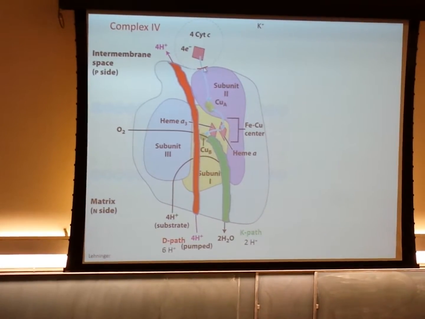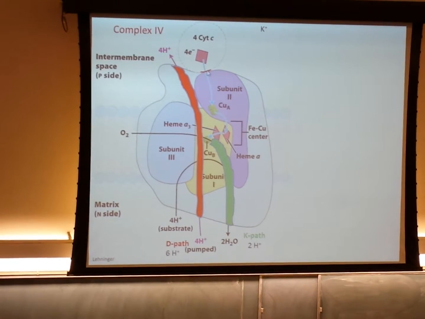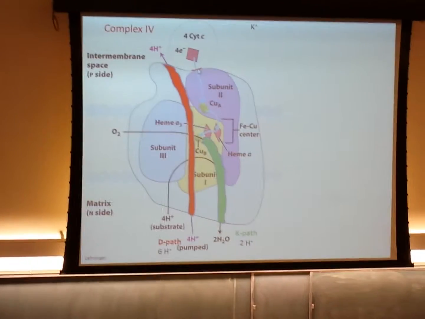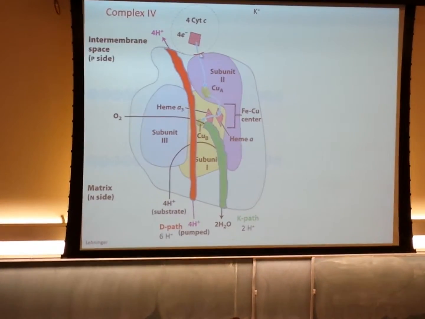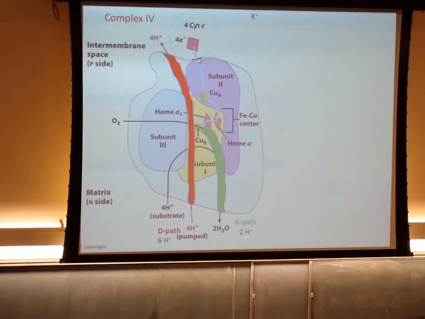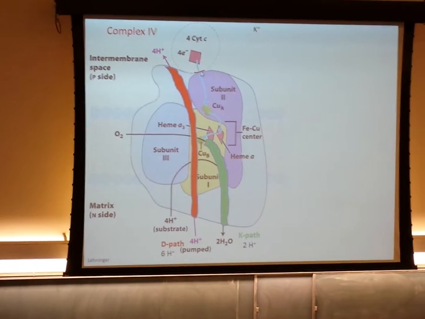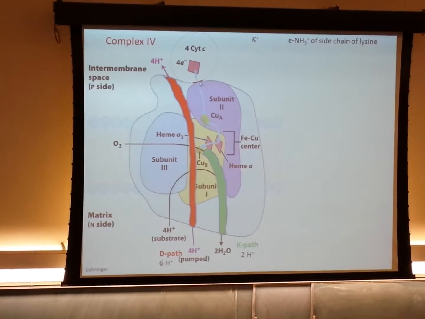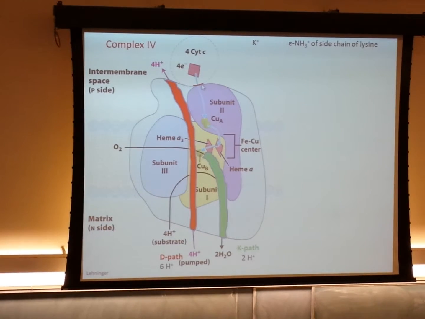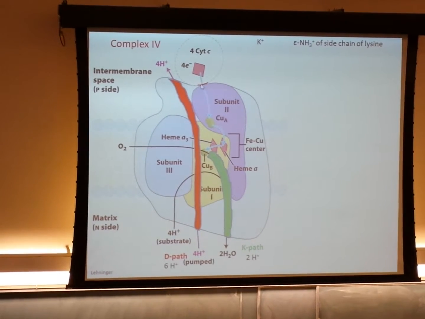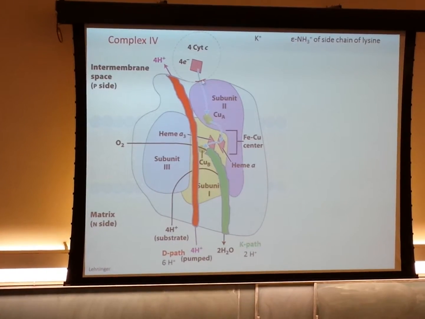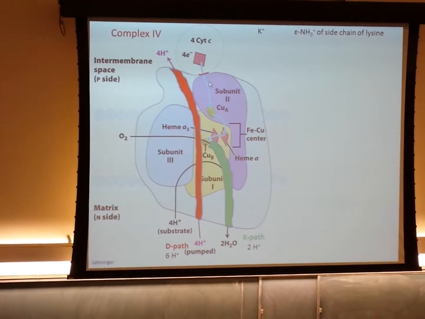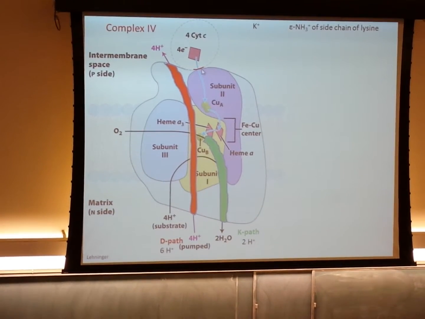What does K stand for in the 1-letter amino acid code? Lysine. So this is not a potassium ion. This is the side chain of a lysine. This would be the epsilon amino group of a lysine. So I'm talking about who's making up the red part right here. And we're down here looking up at this red part.